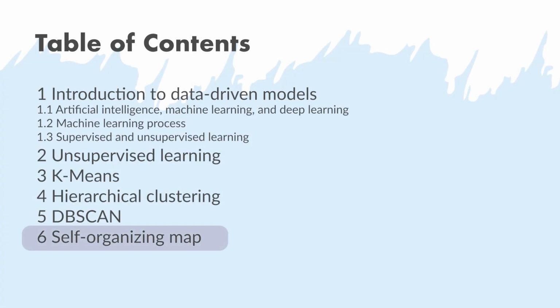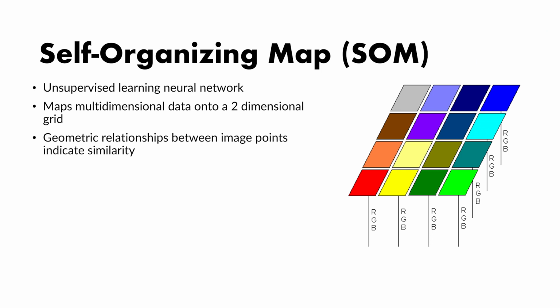We are now entering the beautiful world of the self-organizing map. The self-organizing map is a clustering method that is interesting to talk about because it is actually a neural network. So let's see how this works. Interestingly, neural networks are not just used for supervised learning, but they can also be used for unsupervised learning, such as, for example, the self-organizing map.